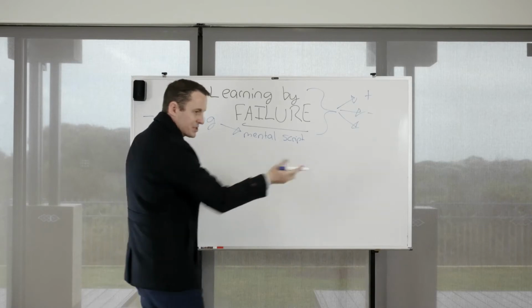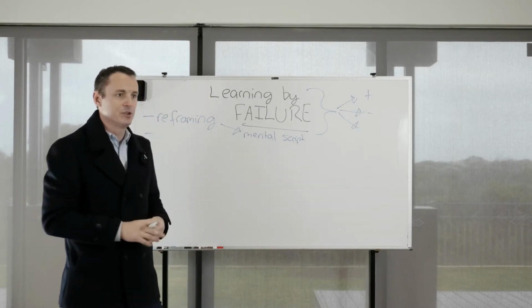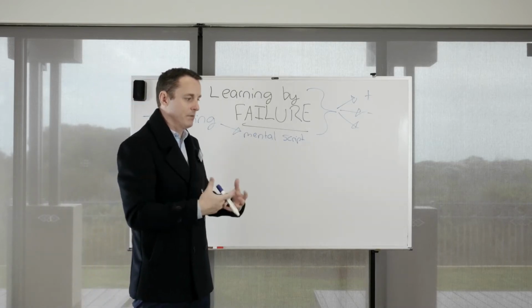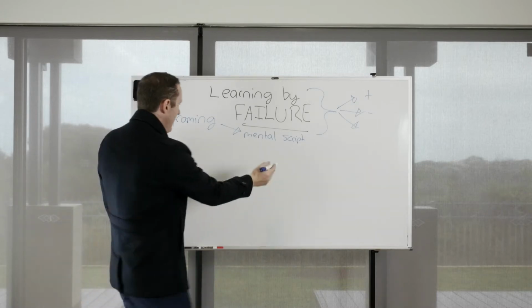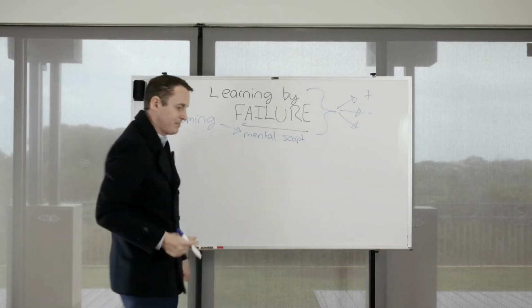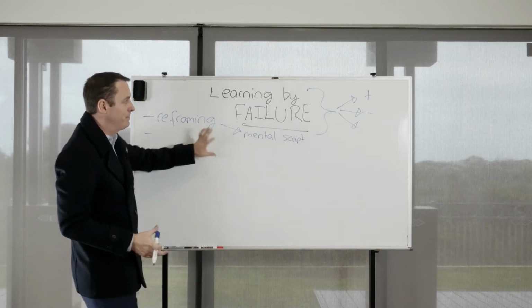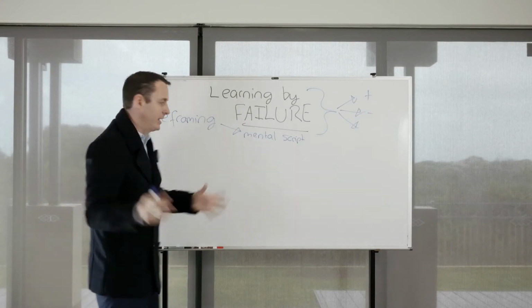That negative mental script makes it very difficult for the student to motivate themselves to constantly engage and think about and enjoy that particular topic. So if you can change that mental script, which takes time, but it is possible, that's called reframing, and to think about the fact that if you fail something, then that's perfectly okay.